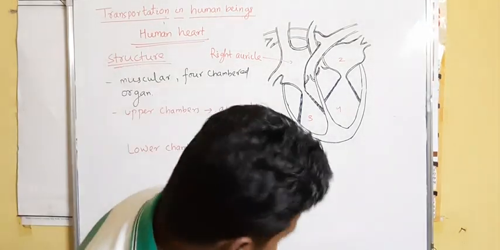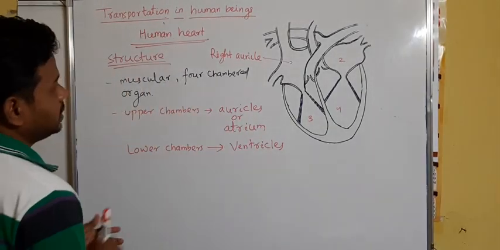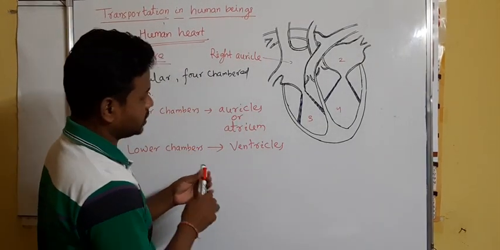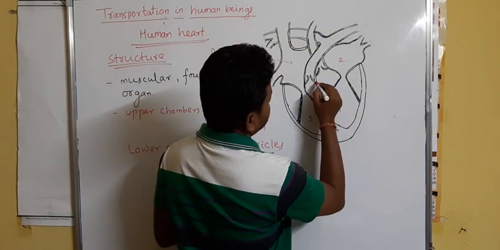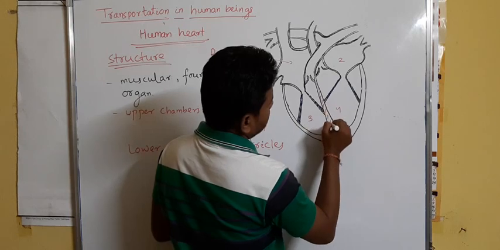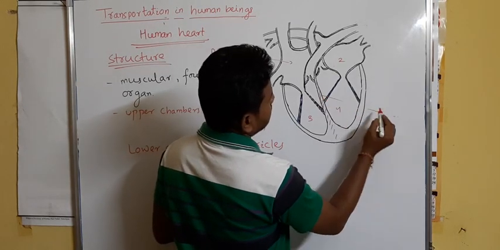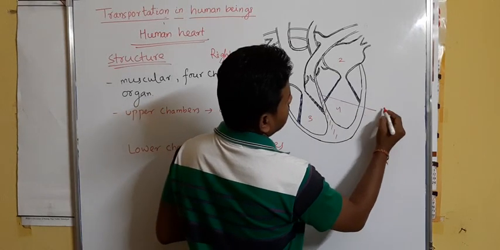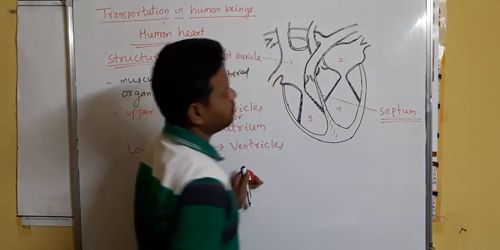Then students, one important structure is present here. You can see this part. This is the wall of the heart. There is a dividing wall which is called the septum.